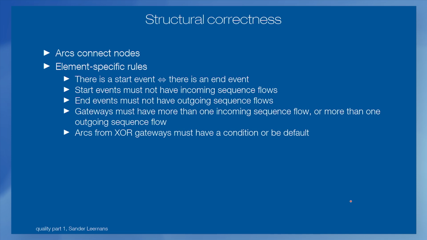That also makes sense, because if we say we have a decision to be made on data and you don't specify this data, then what are you going to do to execute it? There are heaps more, and please have a look in the BPMN standard for some of these element-specific rules.